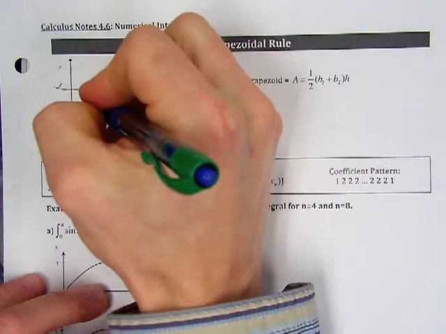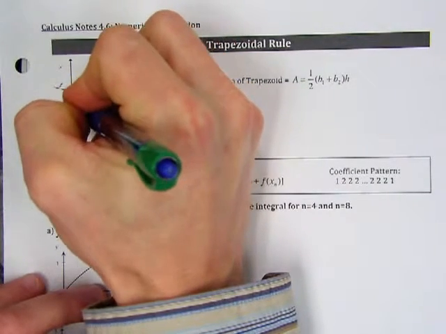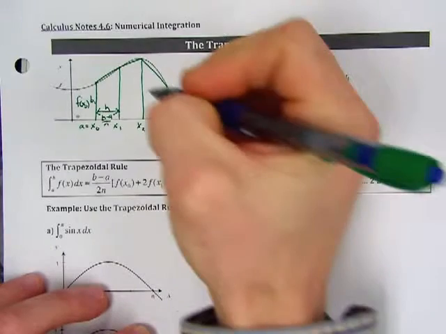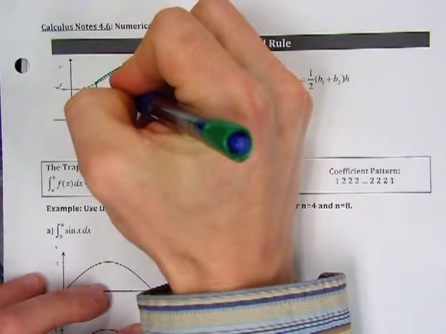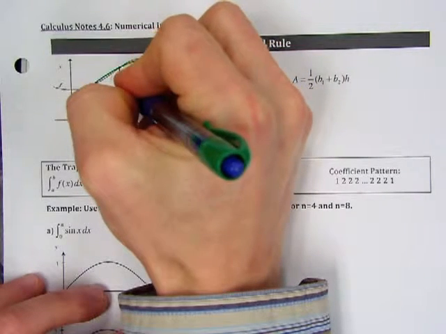And then the b sub 1 is really going to be f of x sub 0. It's the height of the function at the points. And here's f of x sub 1, which is like our b sub 2.